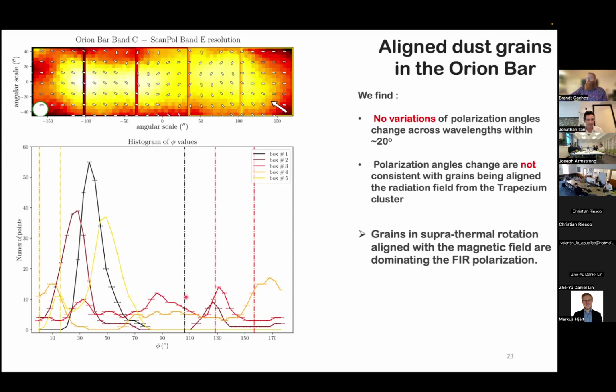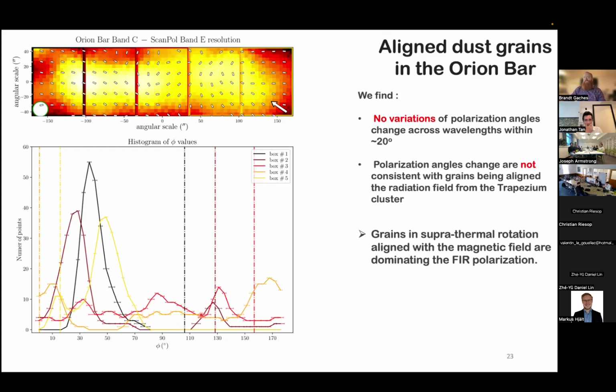And for the Orion bar, the result is shown here. You have in the histogram the position angles of the polarization, and the vertical lines are the locations for each box along the bar. They are the angles of the expected irradiation field.